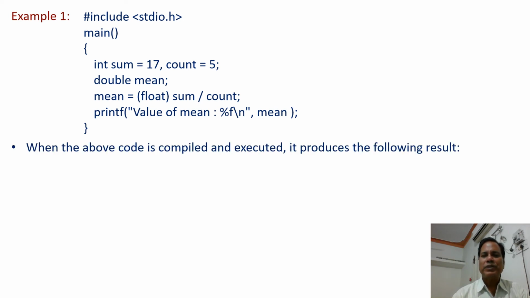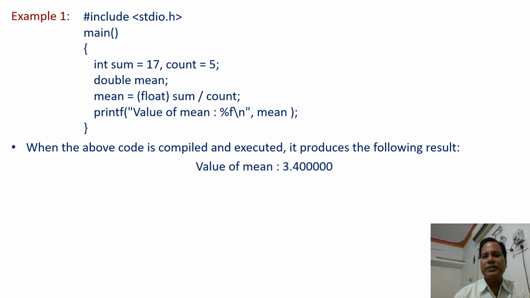When the above code is compiled and executed, it produces the following result. The value of mean here is 3.400000. If this type casting is not done, then we get only 3.